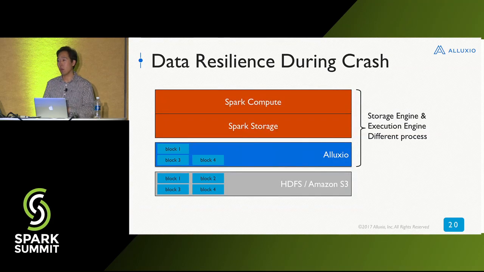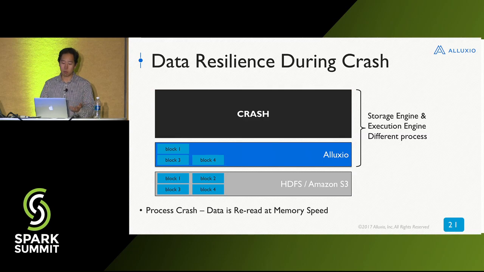With Alluxio, it's independent from the Spark job or jobs. So when the Spark job crashes, the data is still resident in the memory of Alluxio. The next time a job has to access that data, it can directly read it from the Alluxio memory, and it'll be just as fast as it was when the job wasn't crashing. So this is another way Alluxio can help with Spark jobs.